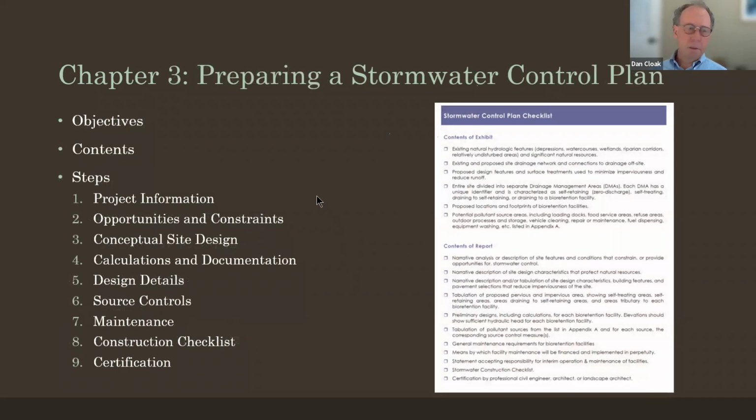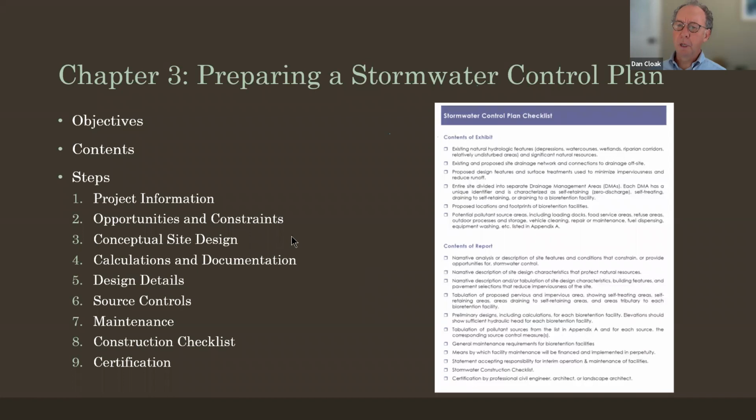Chapter 3 is step-by-step instructions on preparing a stormwater control plan. And we get into a topic on this, on preparing a complete submittal, which will focus on the key things of preparing a complete stormwater control plan exhibit.